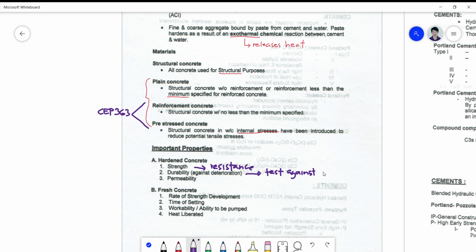The time factor involved is very much considered here. For permeability, this is on the moisture resistance.